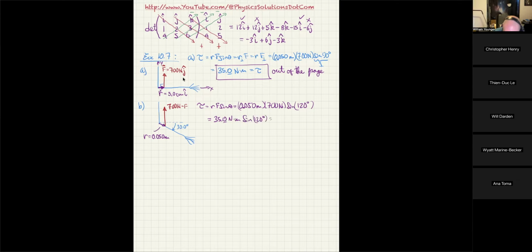So when I do that calculation, 35 times sine 120 gives me 30.3 newton meters equals the torque. And it's good to know that, in fact, this too is out of the page. Any questions on that?